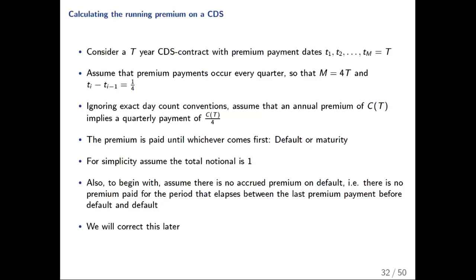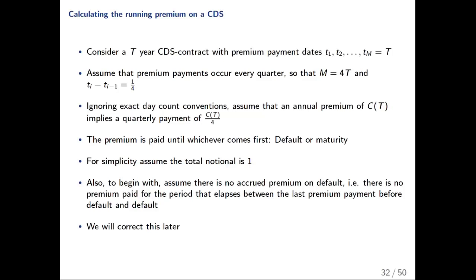Assume the notional value is equal to 1. And let's assume that if there is a default between payment dates, there is no accrual. Okay, so what does accrual mean? I pay a coupon every single quarter, but what happens if there's a default within the quarter? What happens to that coupon payment?